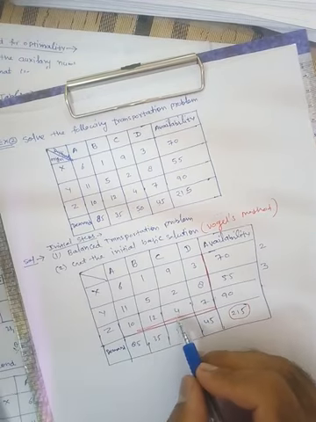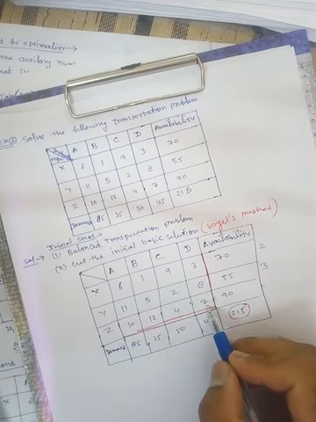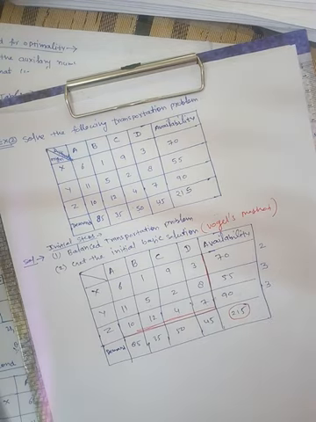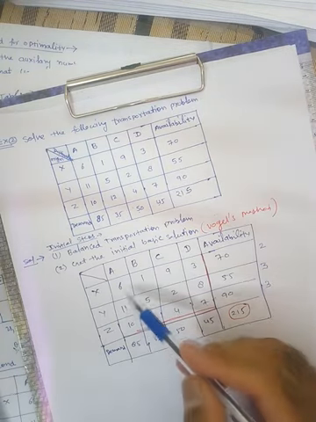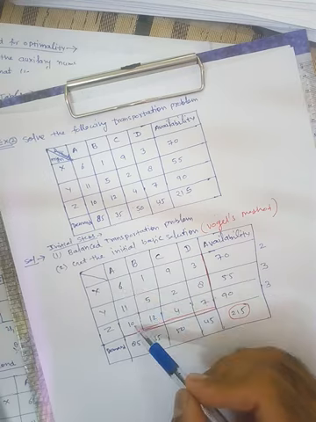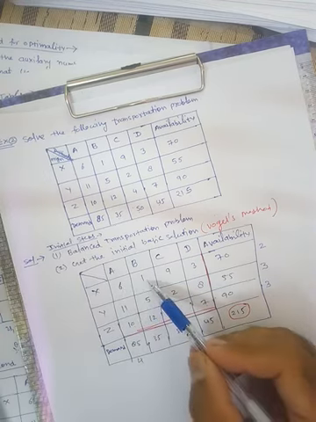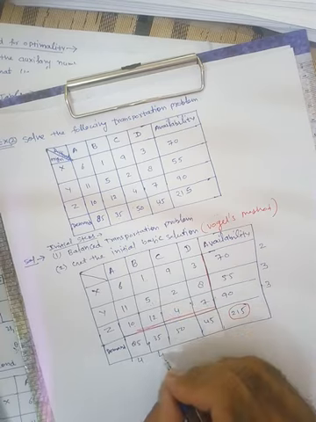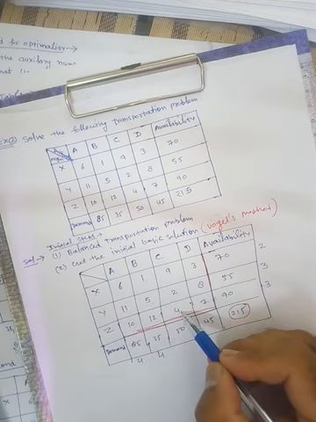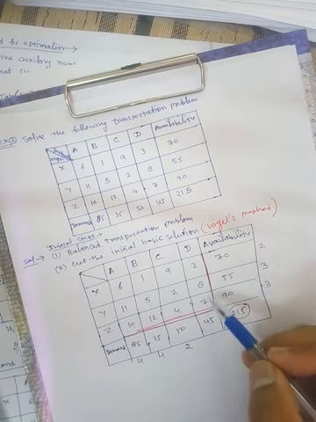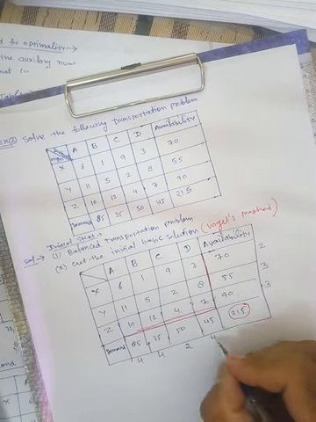Similarly here the minimum is 4 and the next minimum is 7. The difference is 3. Fine. Similarly column wise, the minimum is 6, the next minimum is 10, so the difference is 4. Here is 1 and then 5, so 4. Minimum is 2, the next minimum is 4, the difference is 2.